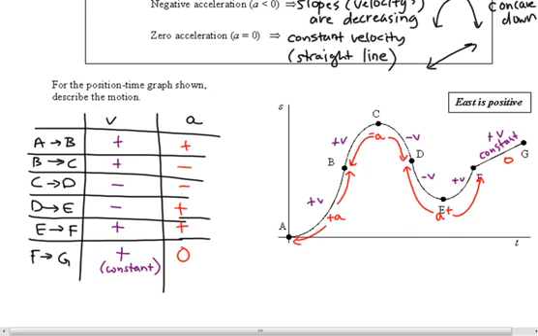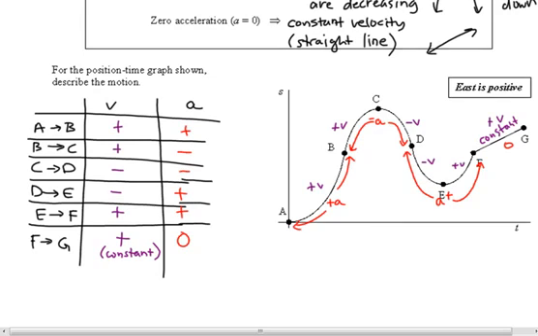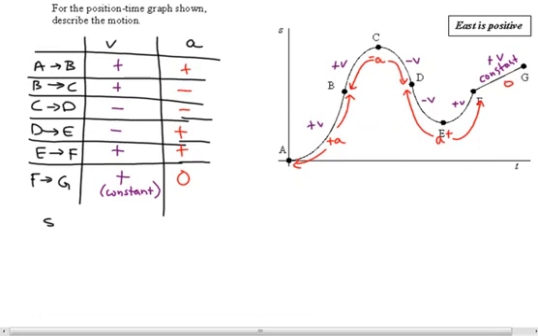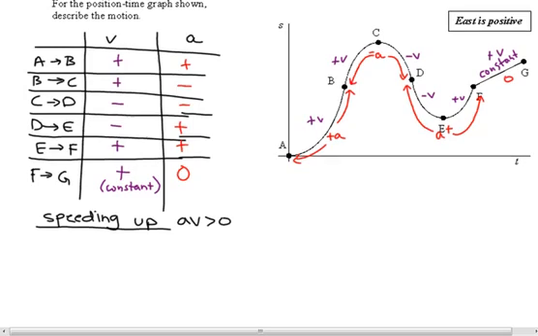Okay, so let's describe its motion. When is the graph speeding up? How would we figure out when it's speeding up? When the signs are the same: A times B is greater than 0. So when are the signs the same?